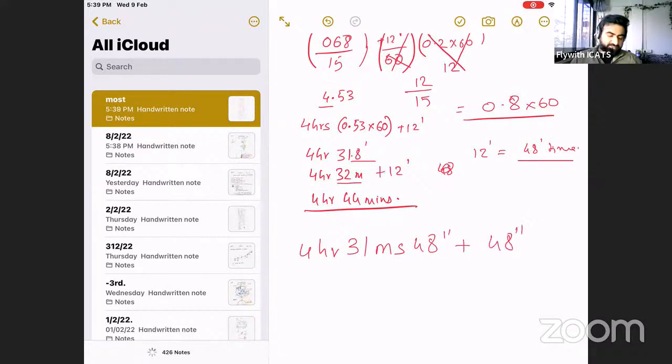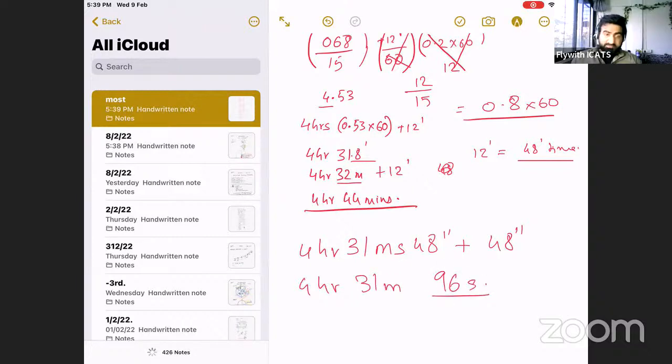So 48 seconds plus 48 seconds gives me 96 seconds. Out of 96, 60 seconds is 1 minute, so that 1 minute I have to add to 31.